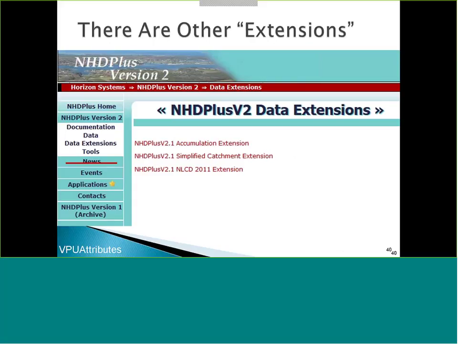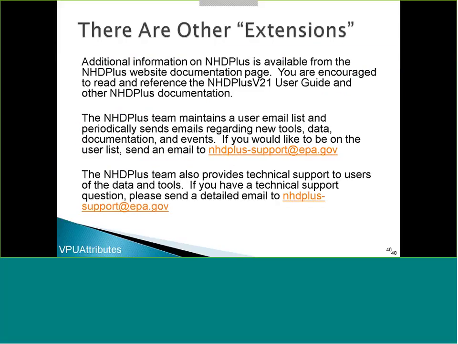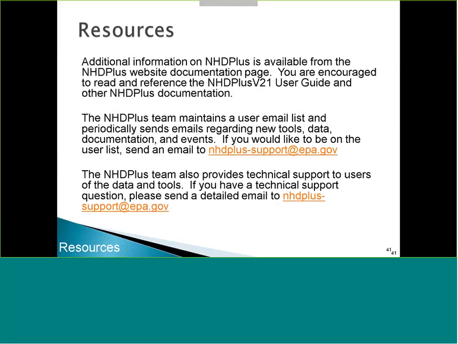Other extensions can be added as time goes on. We haven't limited ourselves on those. So that's where we are on stream flows and velocities and extensions in NHDPlus version 2.1. Any questions?